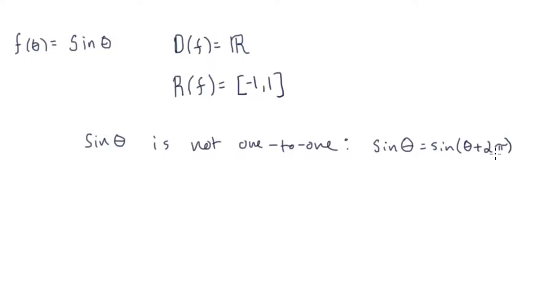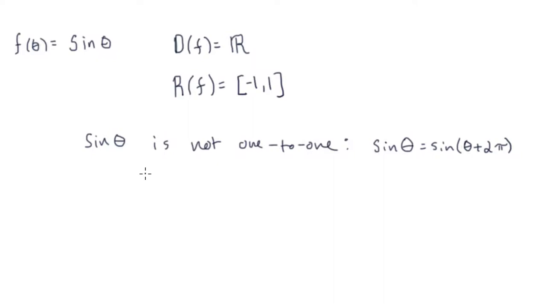Because if I add 2 pi to an angle, I end up in exactly the same point in which I started, which will have the same y-coordinate of that intersection point. So sine is not 1 to 1. So we need to restrict the domain to make sine theta 1 to 1.